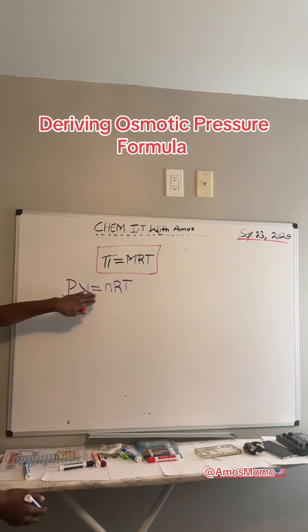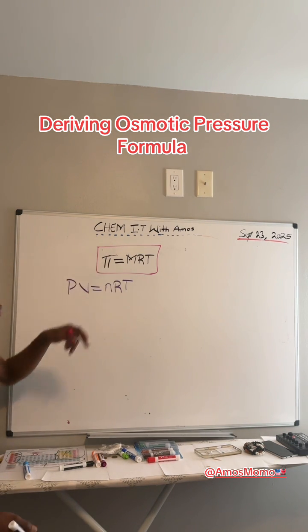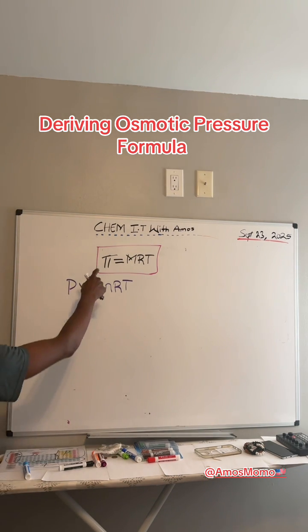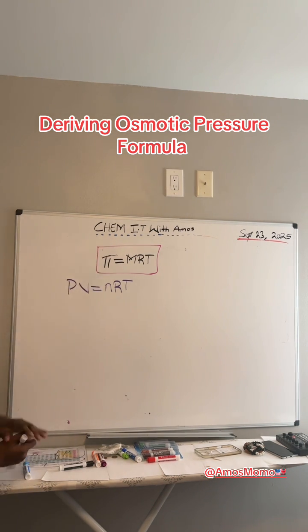So from this equation, this formula was formulated. How? If you look here, osmotic pressure is in a different form as pi, because osmotic pressure mostly talks about water molecules in different aspects. If you hear the word osmotic, mostly it talks about water.